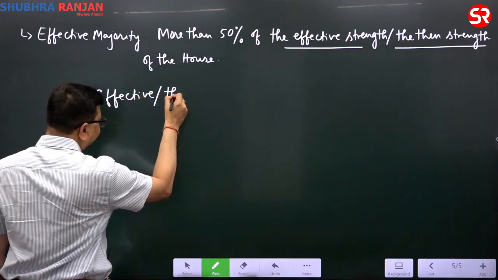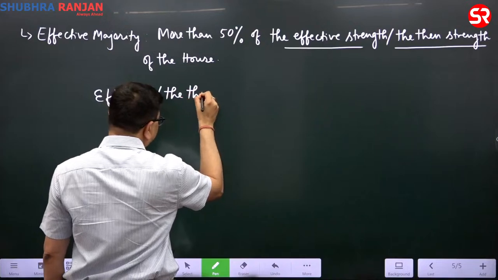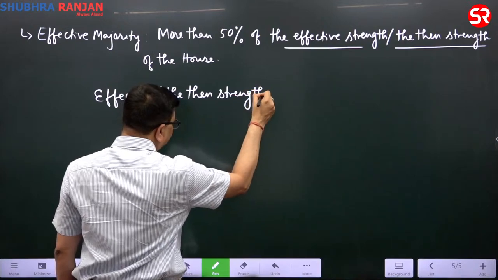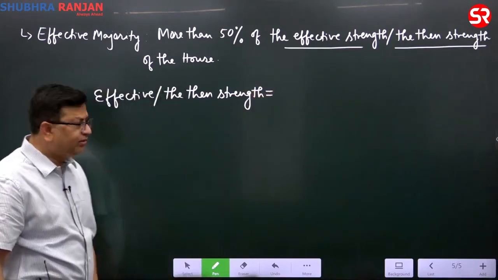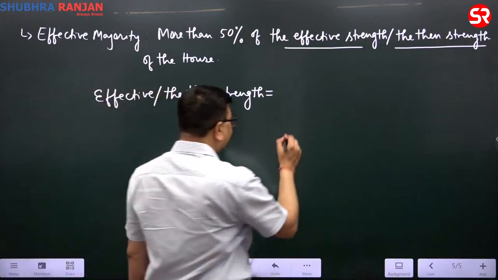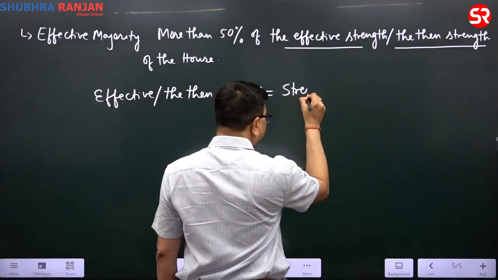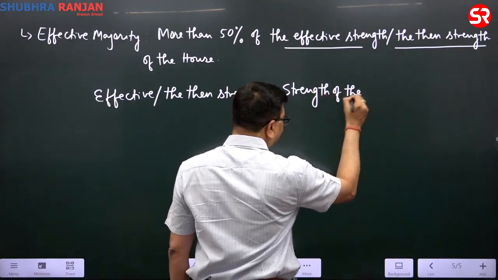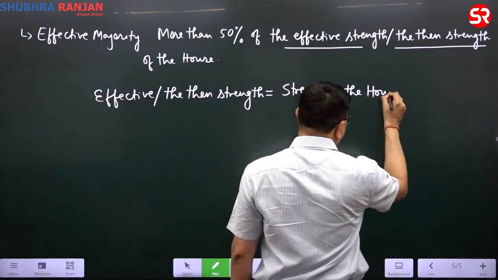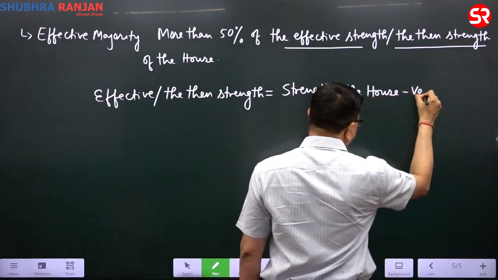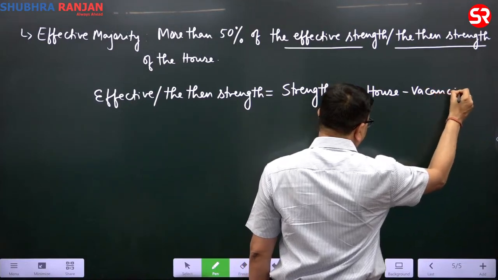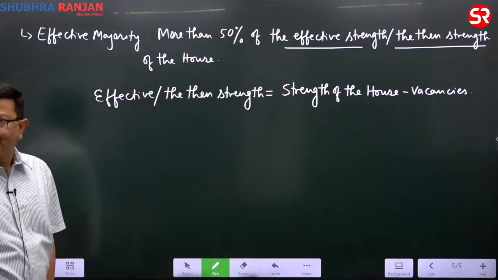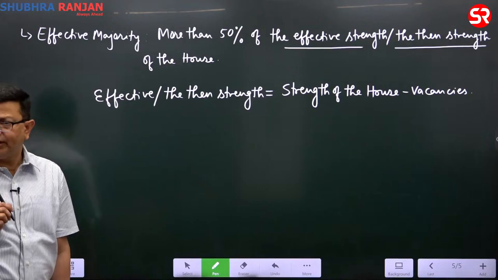Effective or the then strength is equal to strength of the House minus the vacancies. Here vacancies will not be counted.